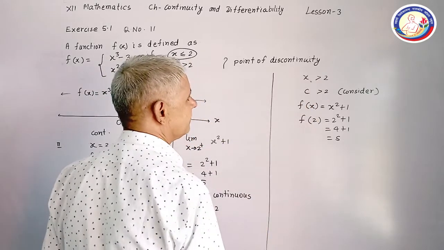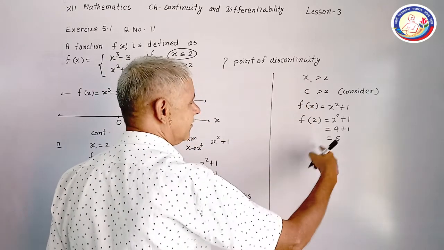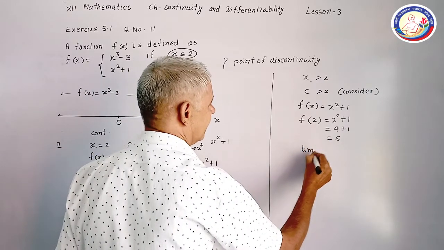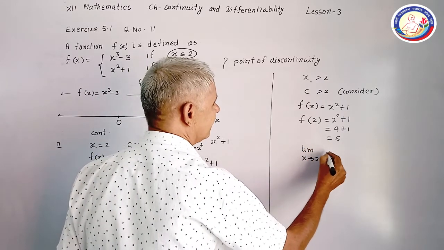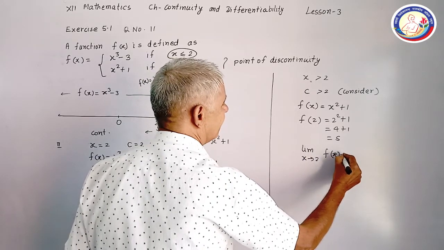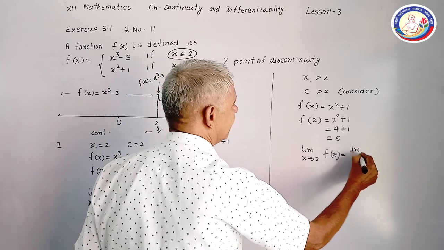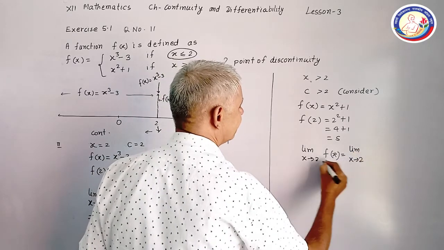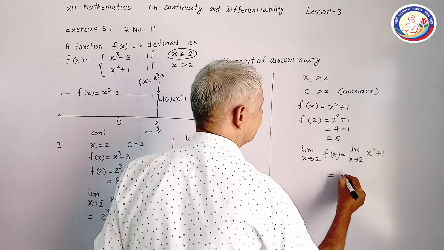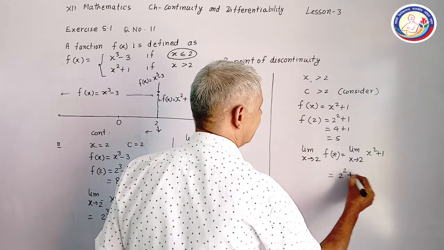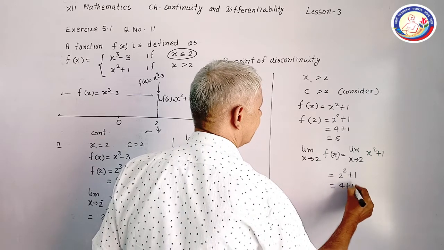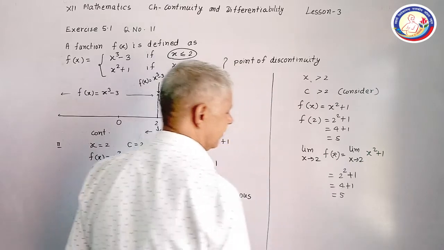Again, if any point is beyond 2 or greater than 2, limit x tending to 2 will be given by limit x tending to 2 of x square plus 1. That is again square of 2 plus 1, that is 4 plus 1 equal to 5.